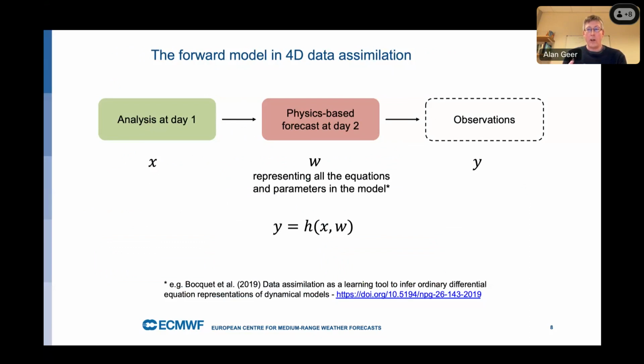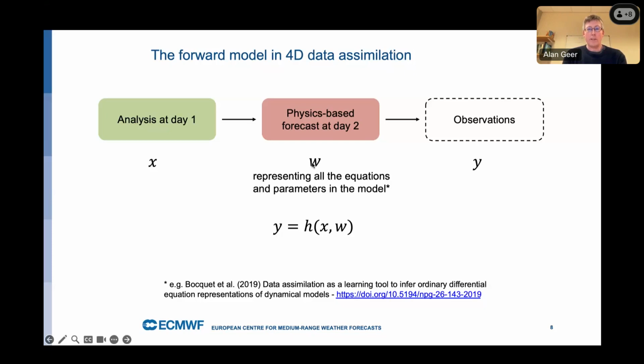As well as generating the forecast trajectory and the states along that trajectory, it's also generating observation equivalents, because without those observation equivalents, you can't do data assimilation. And so we can put that all together into a model Y is H of X and W, and I haven't introduced W yet.